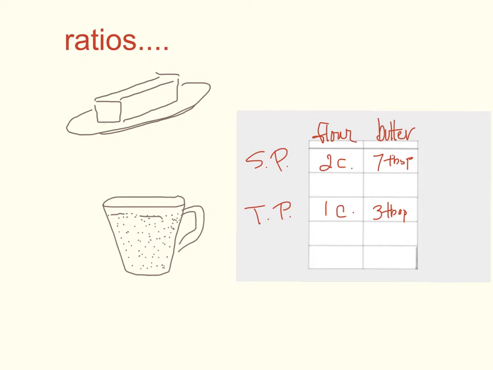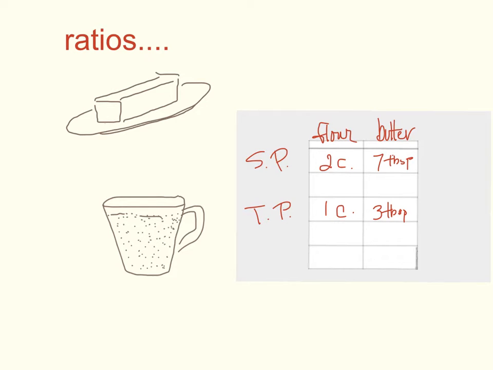Well, which has more? Are they the same? So we need to look at this in another way to see how these two ratios match up. Well, we saw before that we could use a number line.